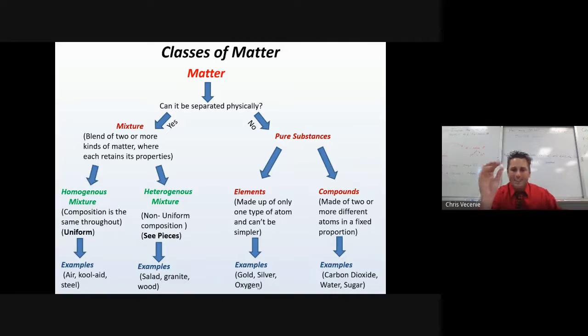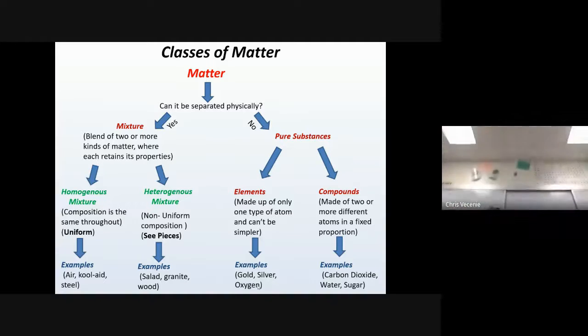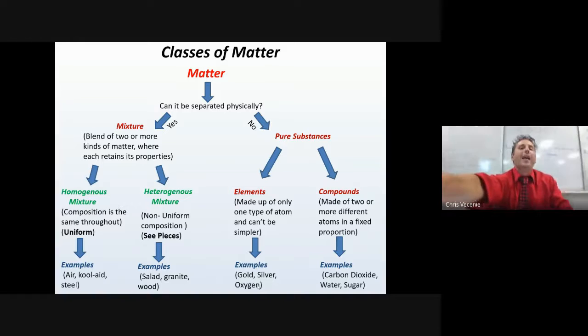It's one type of atom just repeated over and over again. It cannot get more simplified. Gold, silver, oxygen, anything that's from the periodic table, which is sitting up there. Anything from the periodic table is an element. It's a pure substance. Gold, silver, all the things that you guys know.